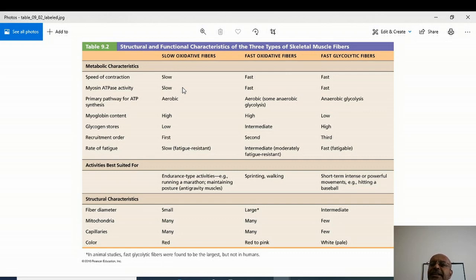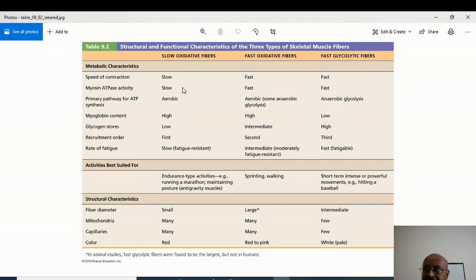Hypertrophy means increasing in size, whereas aerobic exercise makes our muscles resistant to fatigue. That's what exercise does to our muscle.